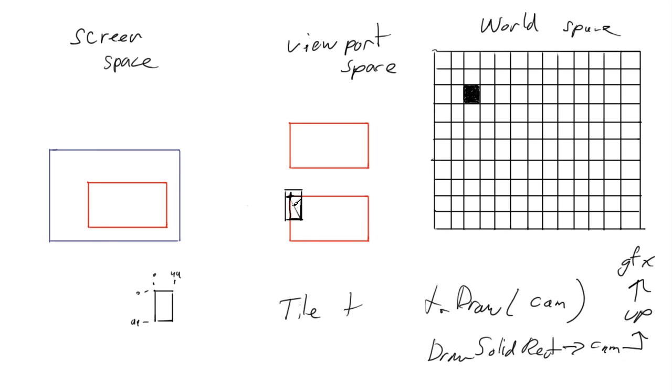Alright, are you with me? So this rectangle is going to be like 0, 0. And we clipped it, so it's probably going to be like, let's say, 29 and 79. Okay, so it's smaller than this rectangle.